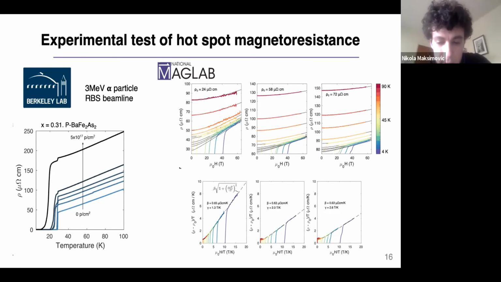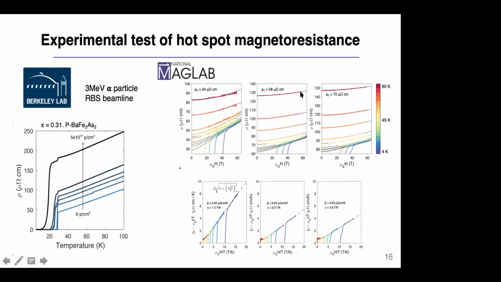I mean, to some extent, it depends on what temperature you're measuring at. So if you're at high temperature, you do see a B squared variation. So I am speaking of measuring cases which are near the optimum TC in the cuprates.